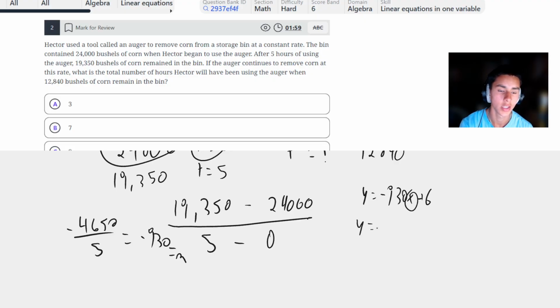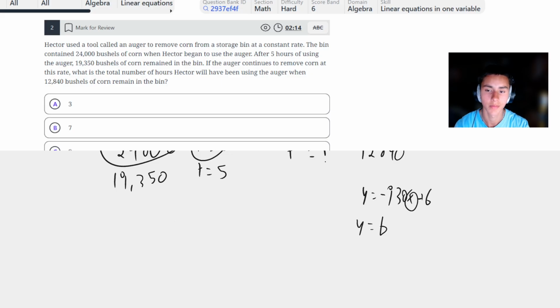So y equals b when time is 0. So at time 0, y value is 24,000. So our b in this situation is 24,000. So our new equation, let me just erase this. Our new equation would be y equals negative 930x plus 24,000.